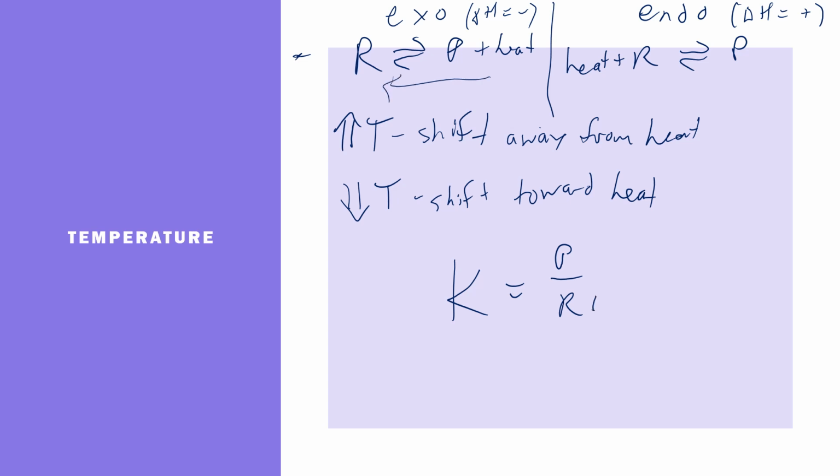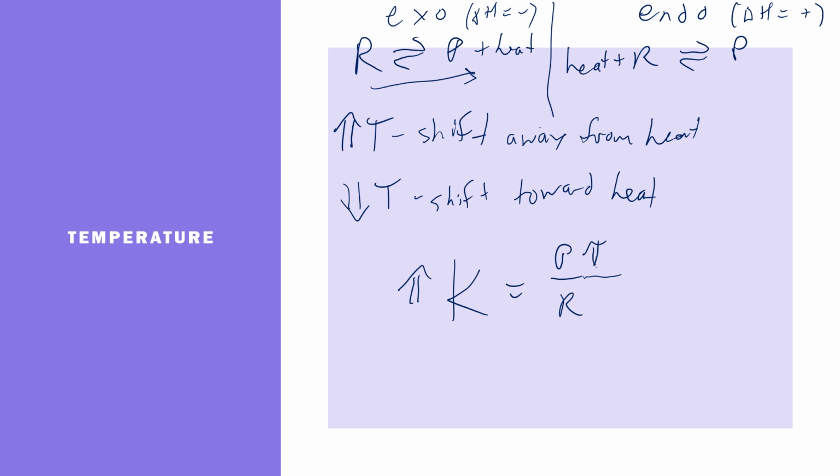Well, I have more reactants now, and that means it will decrease the value of K because the reactants are in the denominator. But if I take that same exothermic reaction and I decrease the temperature, it's going to go toward the heat, towards the product side. I'll have more products, so I will have a larger value of K.